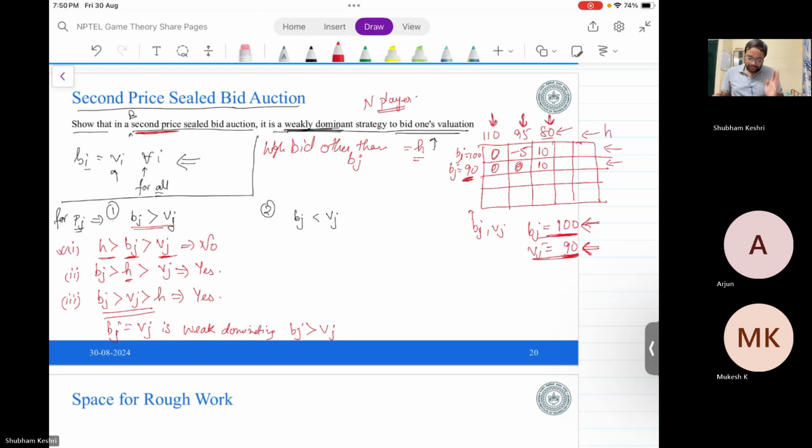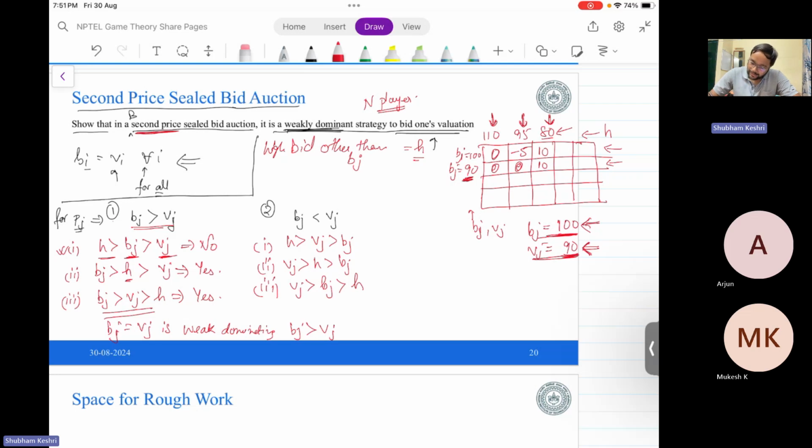Now over here also we'll have three cases. The first case is h more than vj, which is more than bj. The second case is vj more than h, which is more than bj. And the third case is vj more than bj, which is more than h.